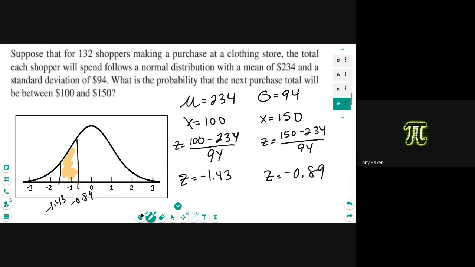Negative 1.43 is 0.0764. And then negative 0.89 is 0.1867. That make sense?